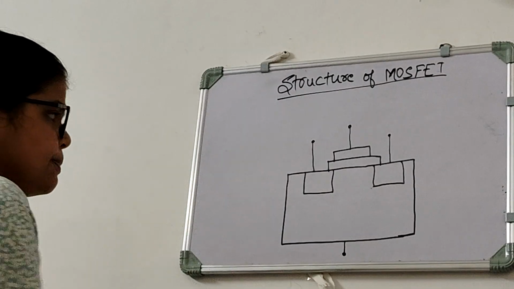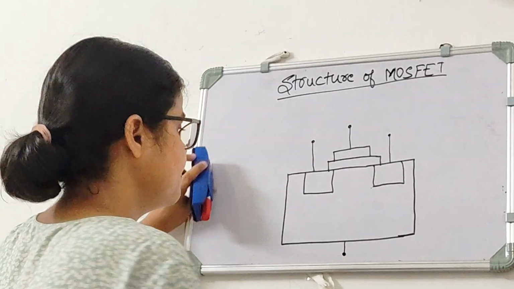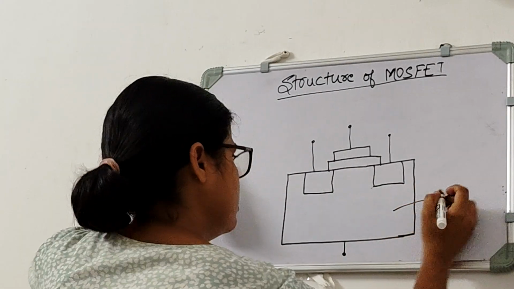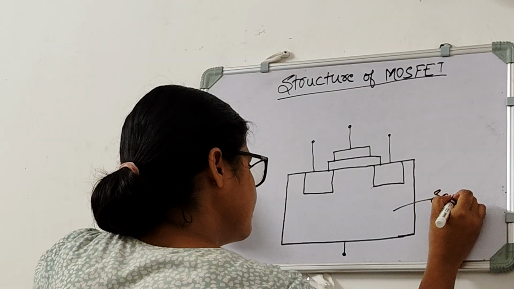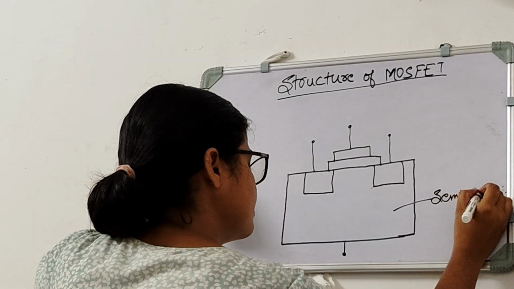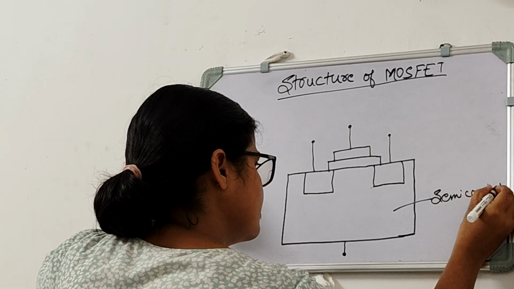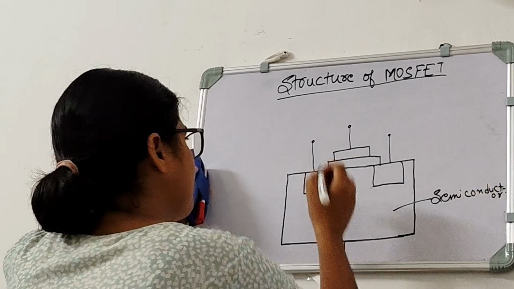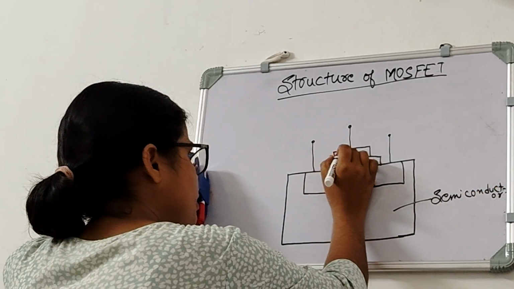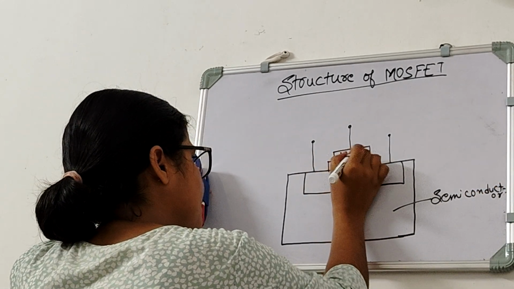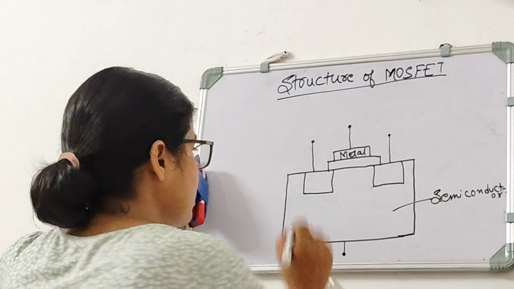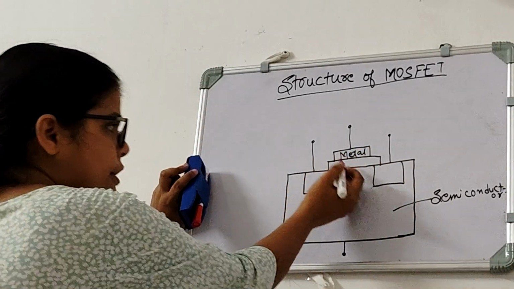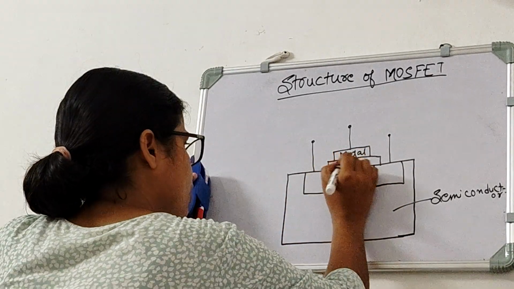Now this big box is made of semiconductor. This upper layer is made of metal, that is the metal layer. This middle layer is made of oxide.